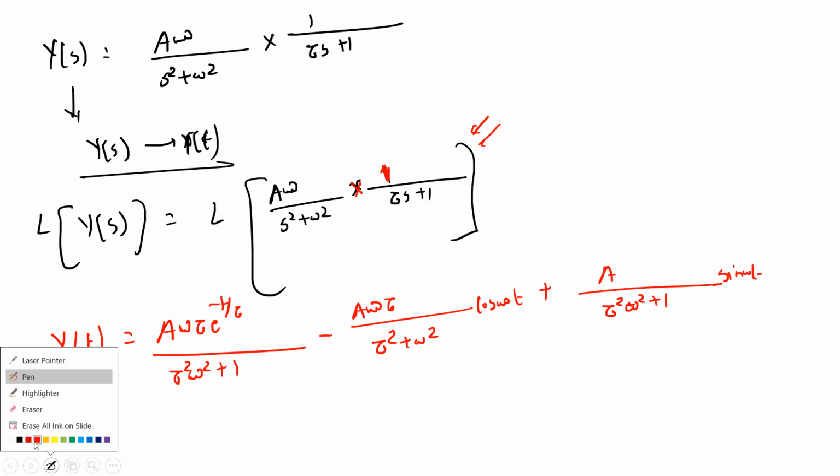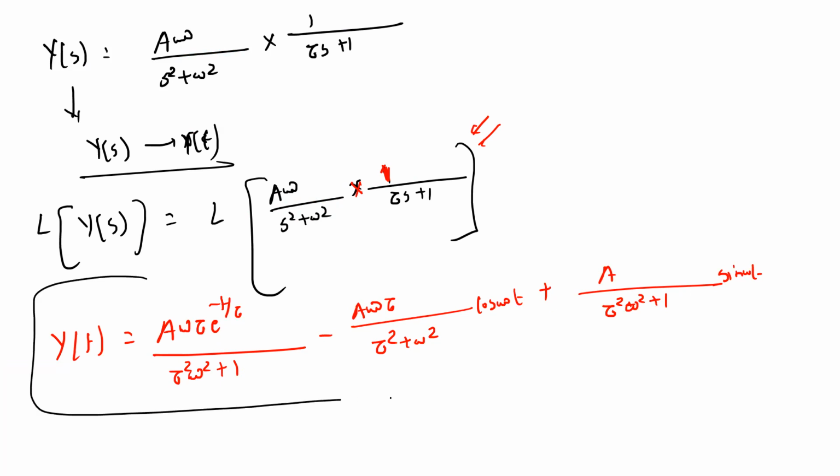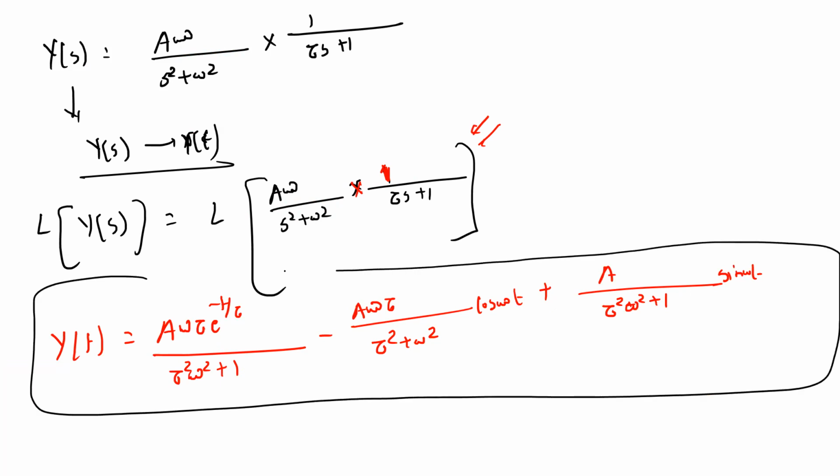So this is a very big kind of equation you will see. That is the output of the first order system with respect to the sinusoidal input in the time domain. So you will see this kind of trigonometric thing there, right?